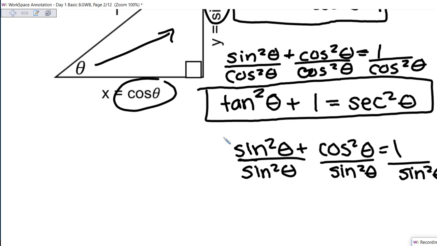What's sine squared divided by sine squared? 1. And what's cosine squared divided by sine squared? Cotangent squared. So 1 plus cotangent squared of theta is equal to, and what's 1 over sine squared? Cosecant. So 1 plus cotangent squared is equal to cosecant squared.